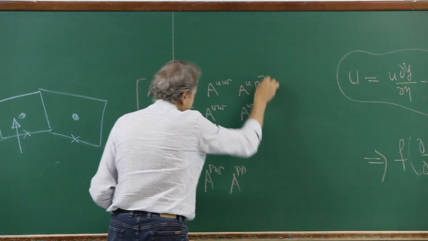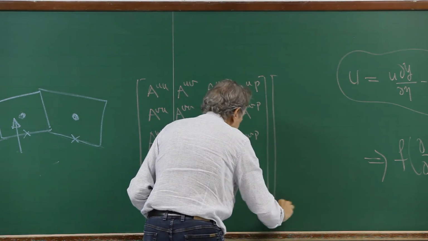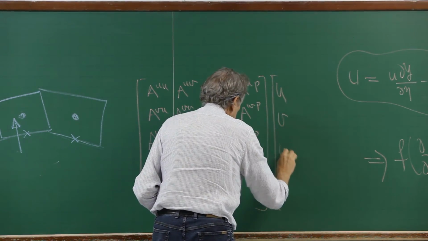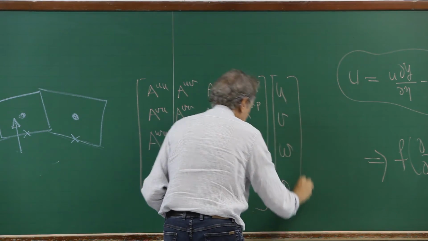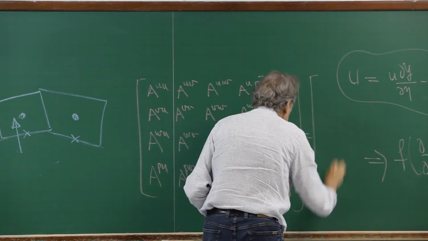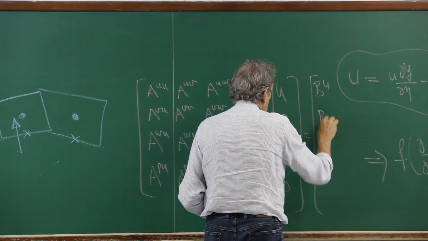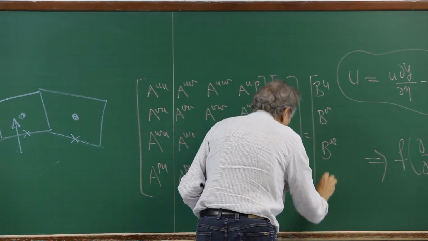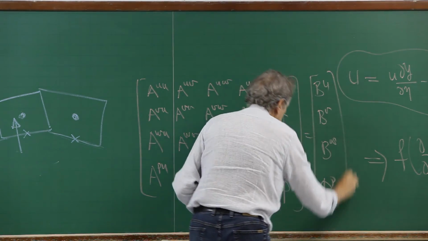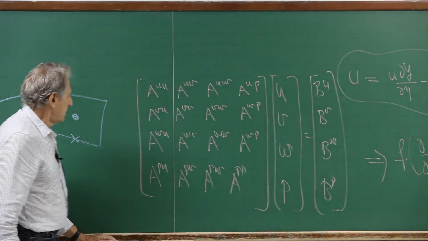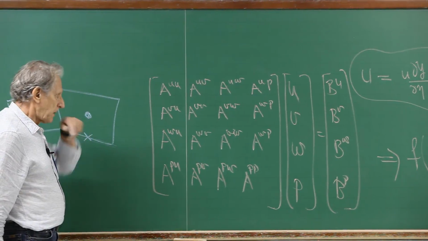Everything here you multiply by U, V, W, and P, and it is equal to BU, BV, BW, BP. This is our linear system.